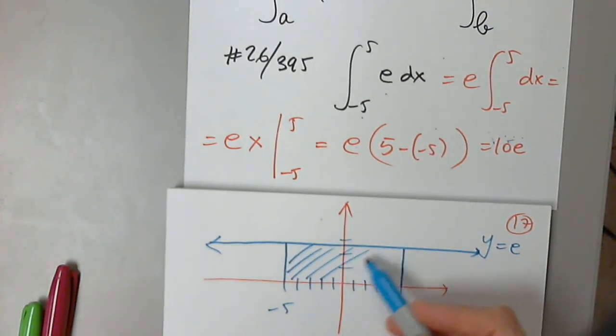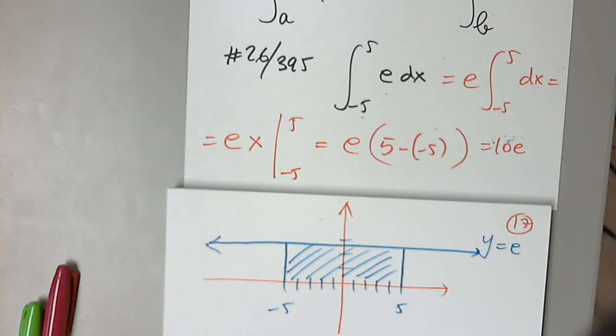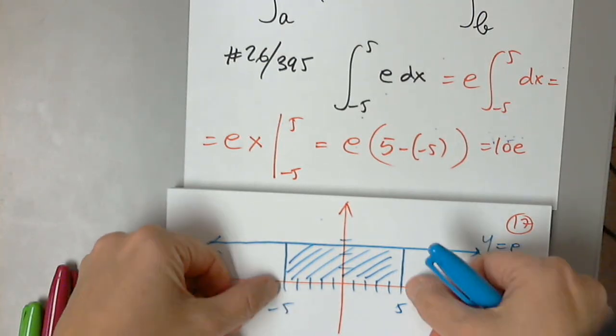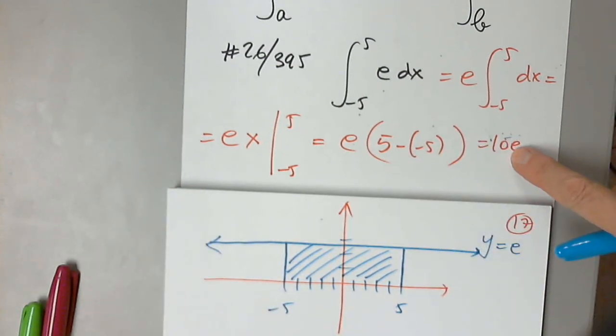Can anyone give us this area? It's a rectangle. What is the width? 10. What is the height? e. That's how we get 10e. Width times height.